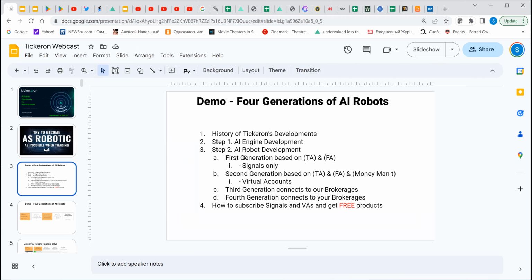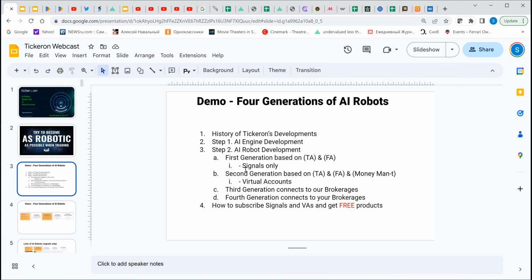The first generation of robots was based on technical analysis, then fundamental analysis. We did not restrict those robots by any amounts. We looked at the number of trades and said, okay, that's approximately the maximum number of trades, and that's approximately what we can keep as a total amount. That's the reason we call it signals only.